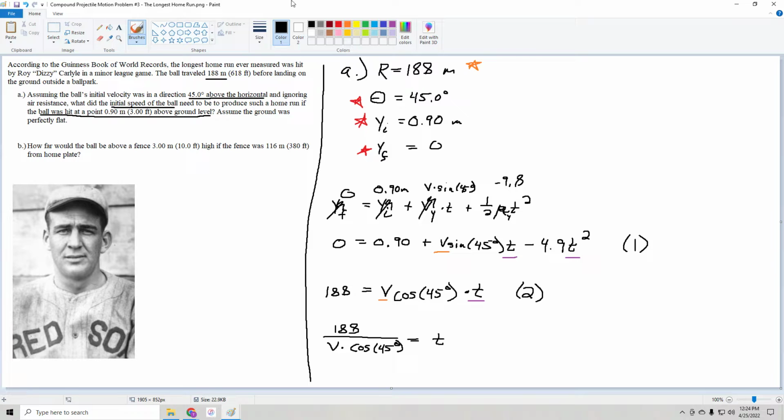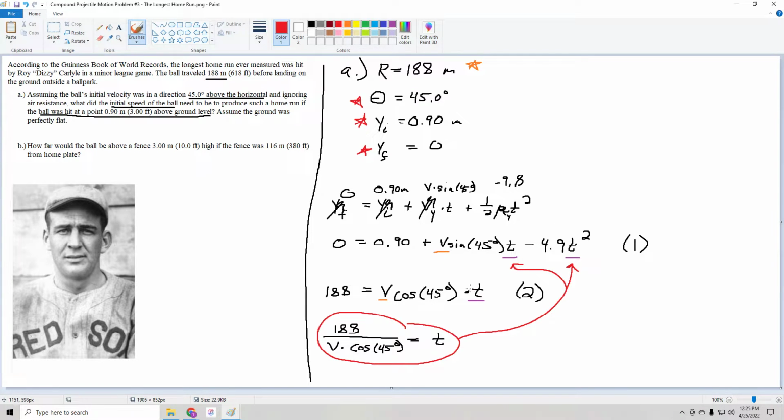And what we are going to do is take this expression for t and plug this into the first equation. And hopefully, when we do that, if we've done it correctly, we'll be able to isolate the v variable and solve for the initial speed and answer part A.